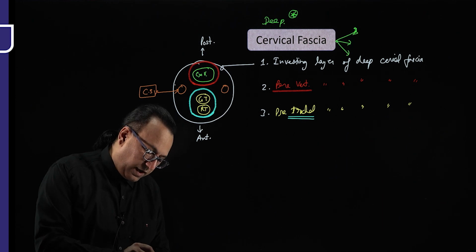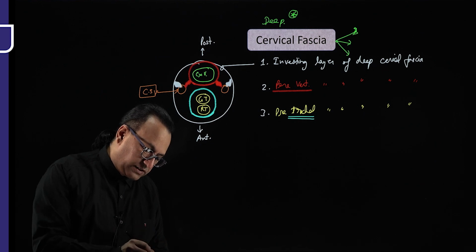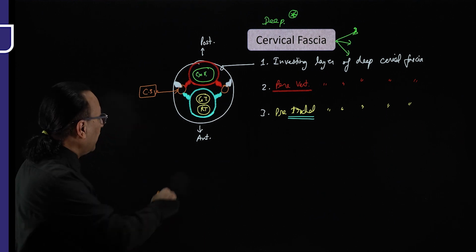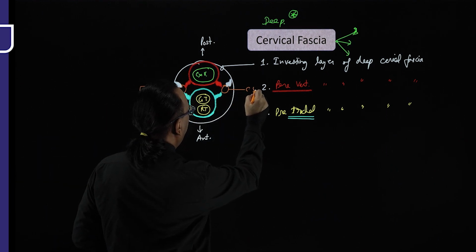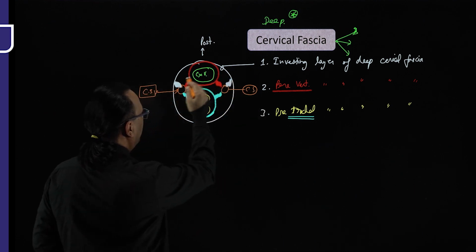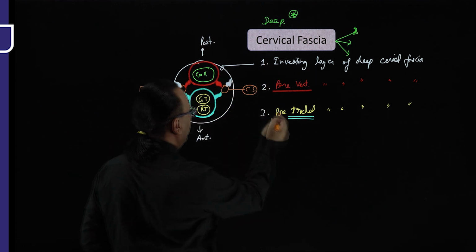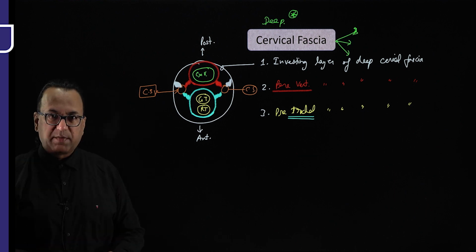May it be the investing layer of fascia, as you can see, or may it be the prevertebral layer, and also getting its contribution from pretracheal fascia. So how this carotid sheath, one on the right side, one on the left side, is going to be contributed by the three layers of deep cervical fascia, that also we have to discuss.